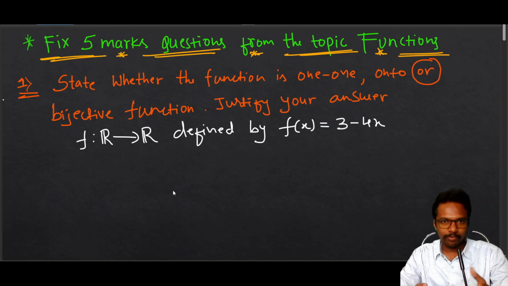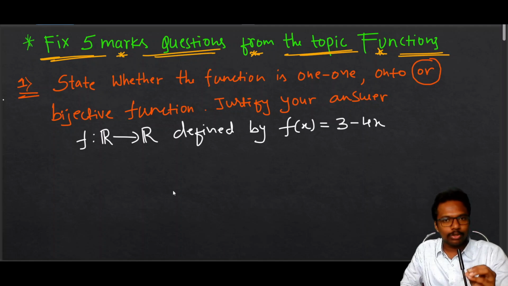In a 5 marks question they are going to ask to show, state, or check whether the function is one-one, onto, or bijective, those kinds of questions. So our main aim is to show that f is a one-one, onto, or bijective function.